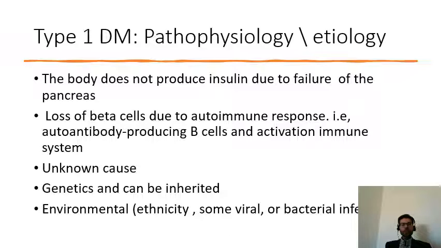But in general, it's not known why some people develop this kind of diabetes mellitus. What I really want you to understand is that in type 1 diabetes mellitus we have complete absence of insulin due to failure of the pancreas gland.